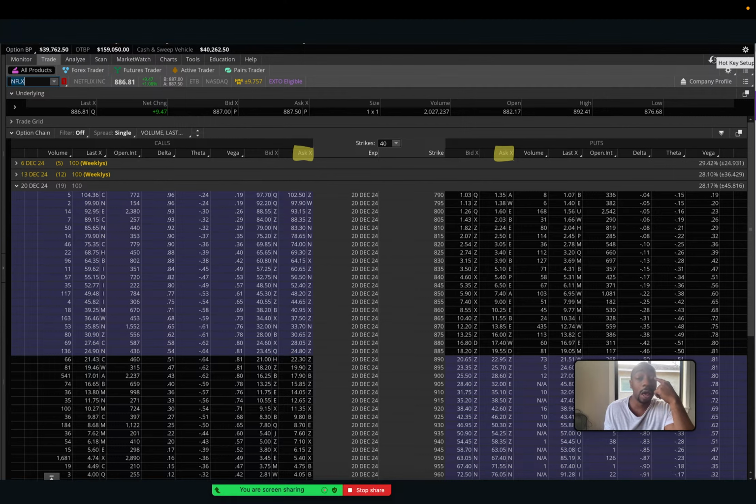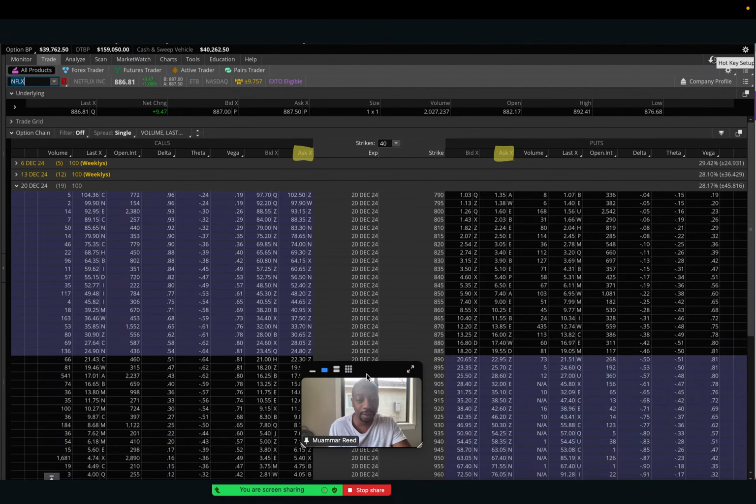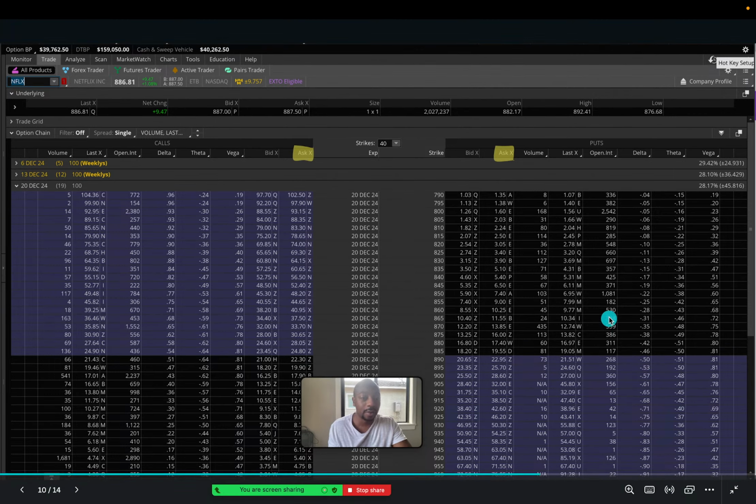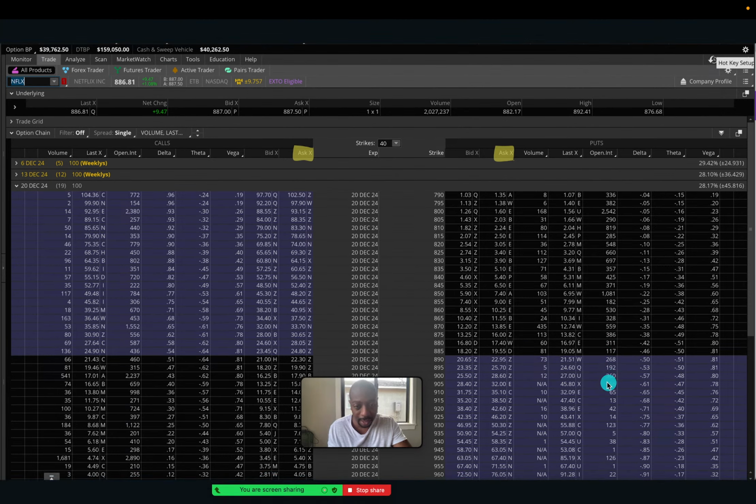Which doesn't give you a lot of room to scale in and out, which is why if I do take Netflix, I'm more likely to sell a spread. Even though I don't see any liquidity here, I'm more likely to sell a spread because that's going to be more affordable for my budget and my trading account.